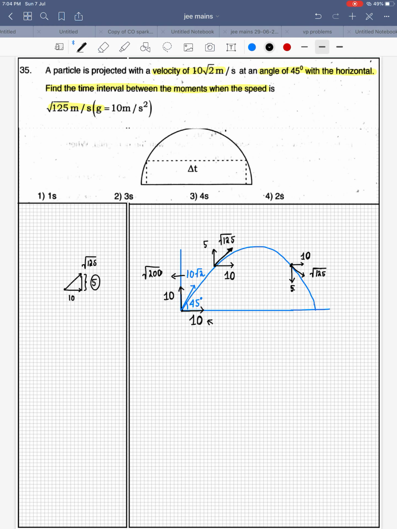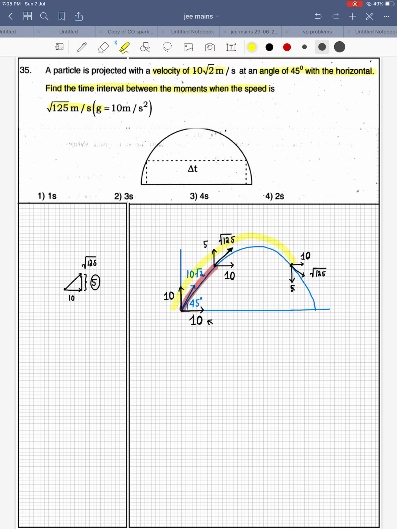Now I will make use of the vertical components to find the time taken by the body from the initial point till this point, and also the time taken from the initial point to the later point.